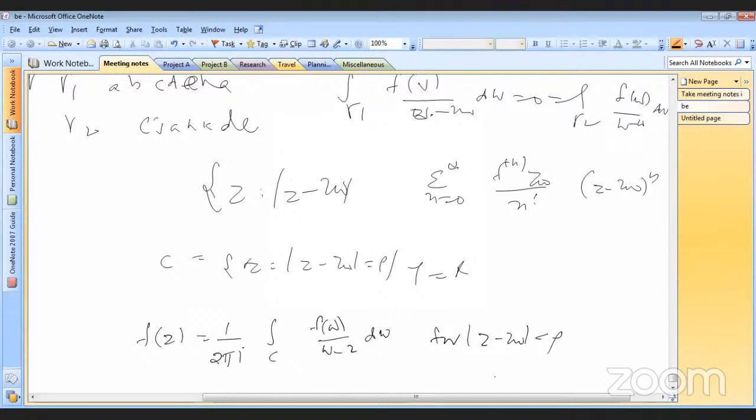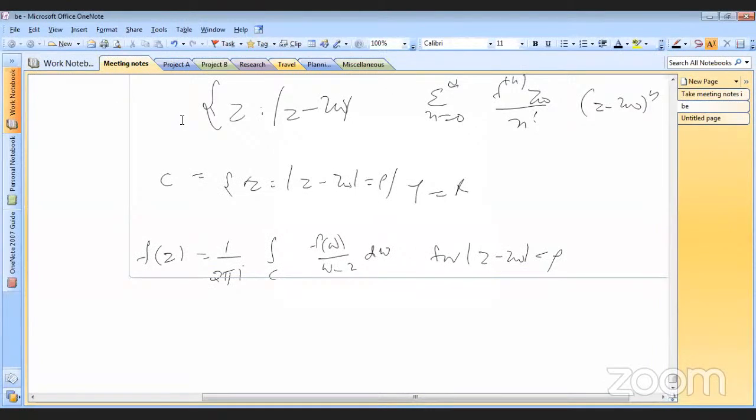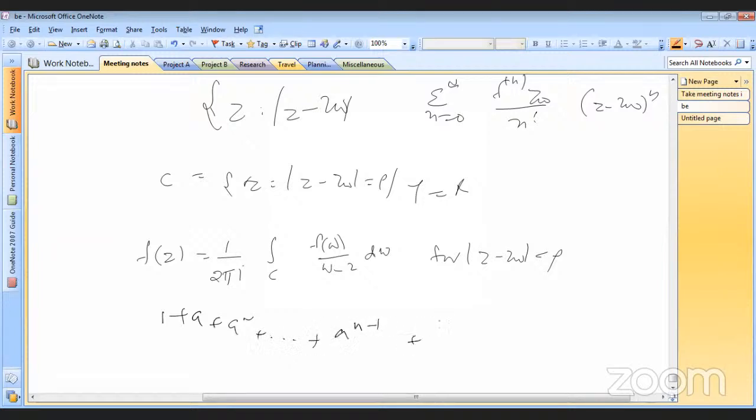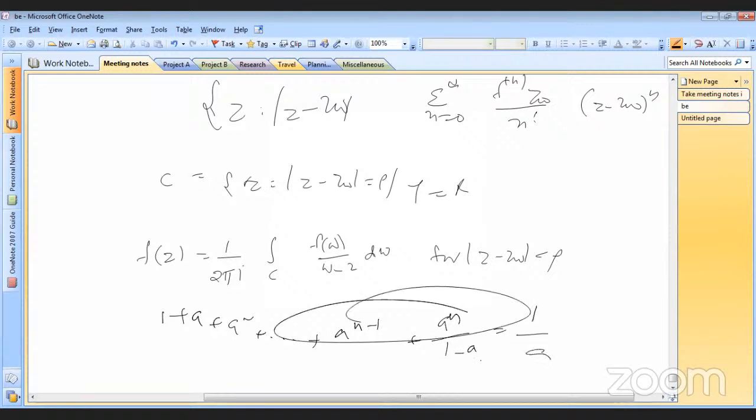We are taking the common factor of w minus z naught. We can take 1 minus z minus z naught by w minus z naught. We have used this identity here also: 1 plus a plus a squared and so on, plus a power n minus 1, plus a power n by 1 minus a. So we can write 1 by 1 minus.